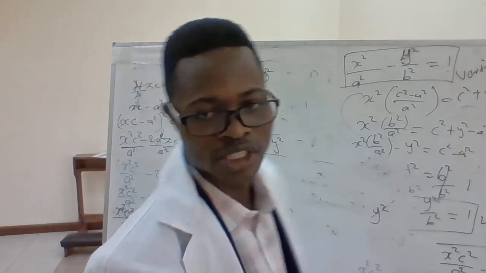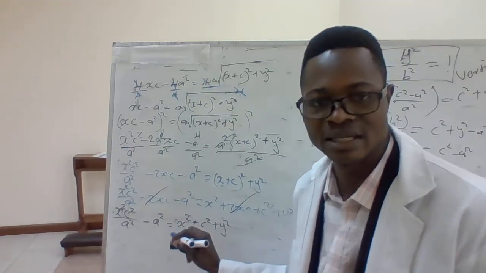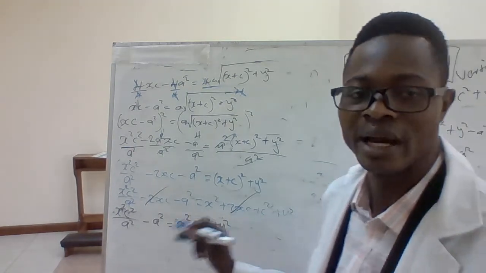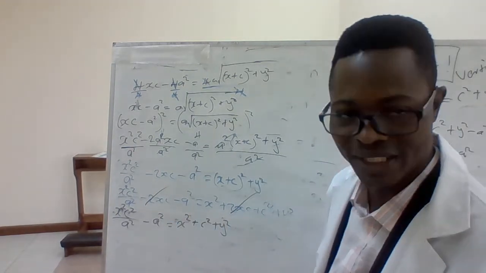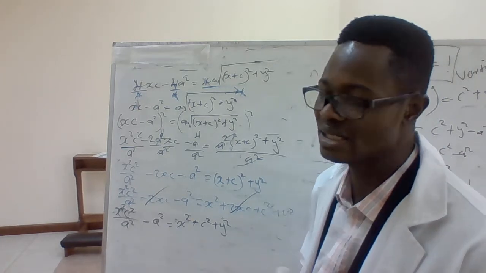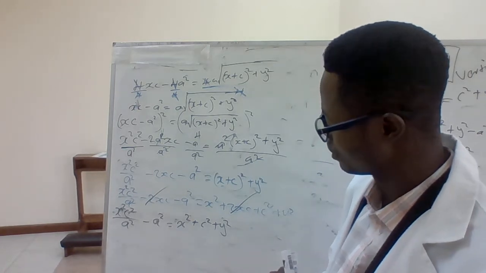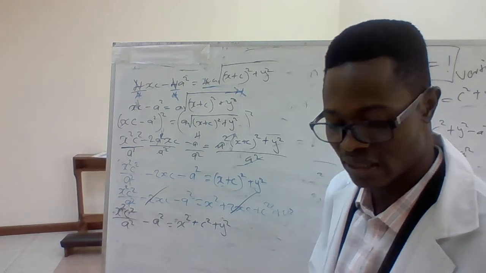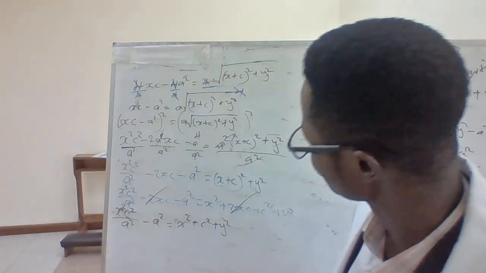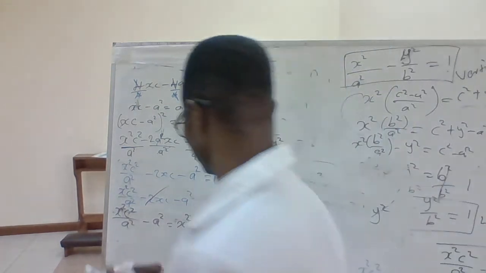Our purpose is to derive the standard equation of a hyperbola that is opening horizontally. That is our aim. And we have not yet arrived at that standard form of that equation. So we need to continue.